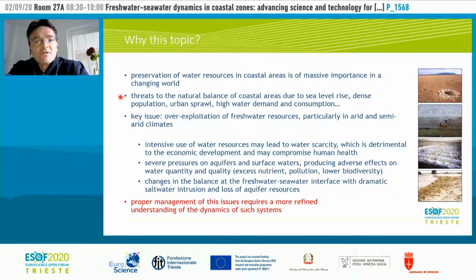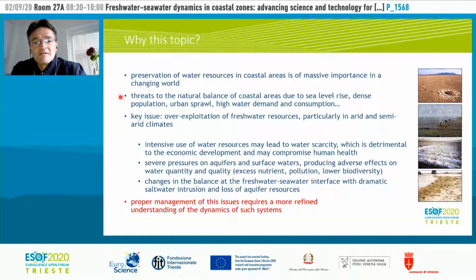As Giorgio already mentioned in the introduction, the preservation of water resources in coastal areas is massively important, especially in times of global change or climate change. We see that the natural balance of coastal areas has long been deteriorated, and there's a huge threat that this is going to continue in a substantial way. A number of components can be listed.